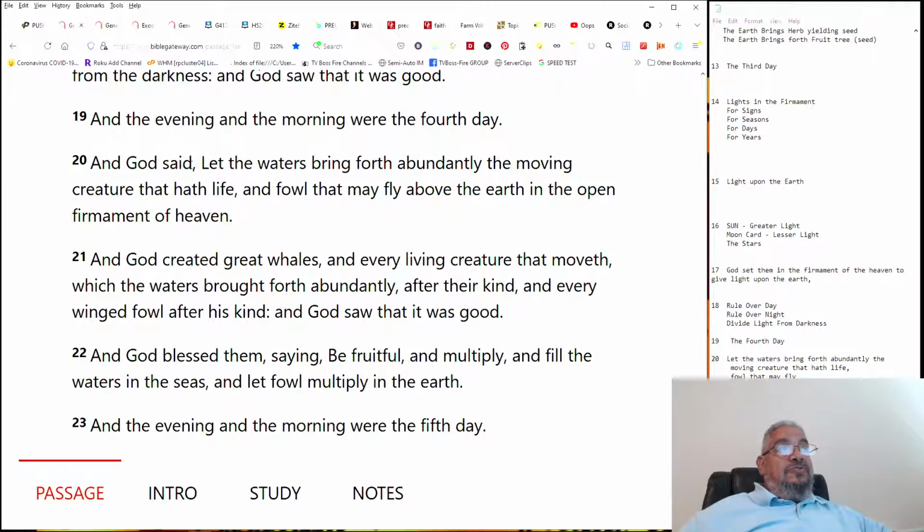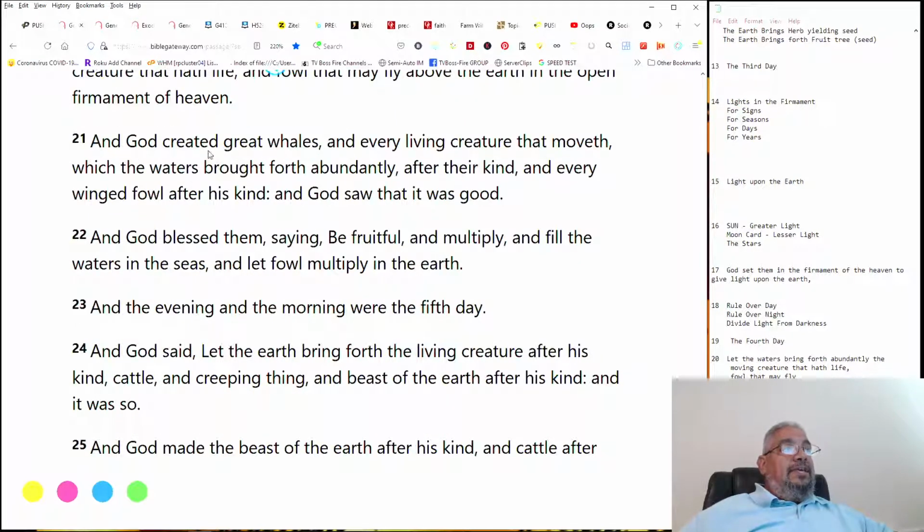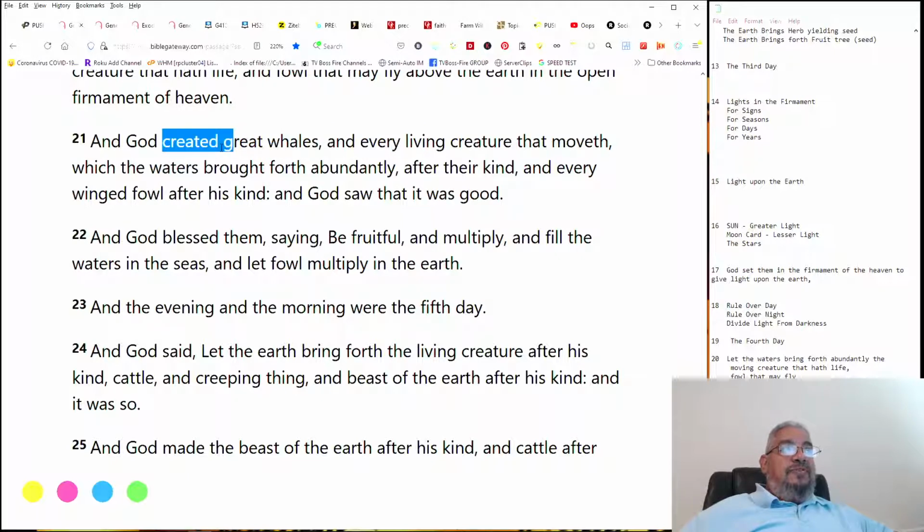He didn't have to use another words here. He used different words. Bring forth, and then here, created. See? He used the words.